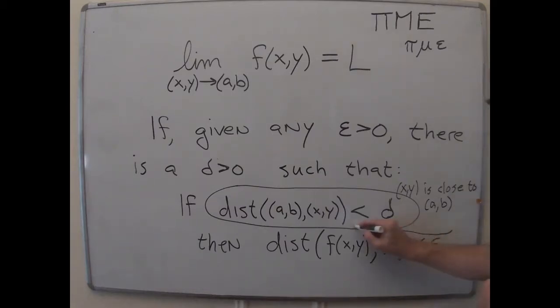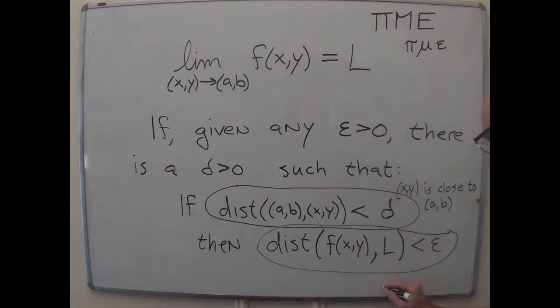And this sentence about the distance between the functional value and L, you could translate into: f of xy is close to L. So if you reread all this, replacing the math with just the idea of closeness, I think it helps.